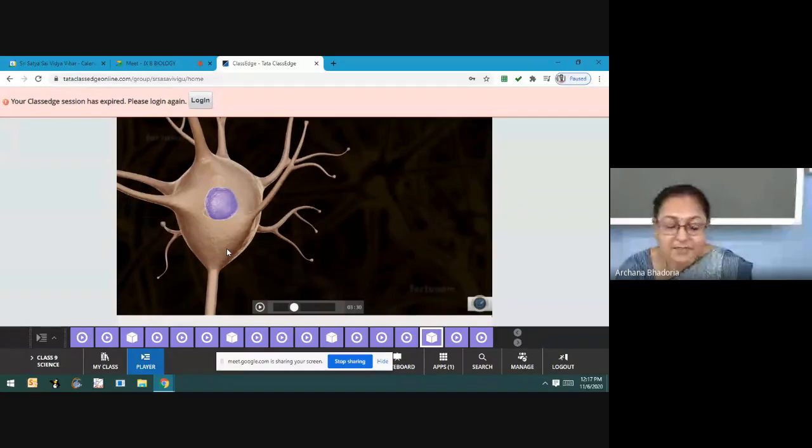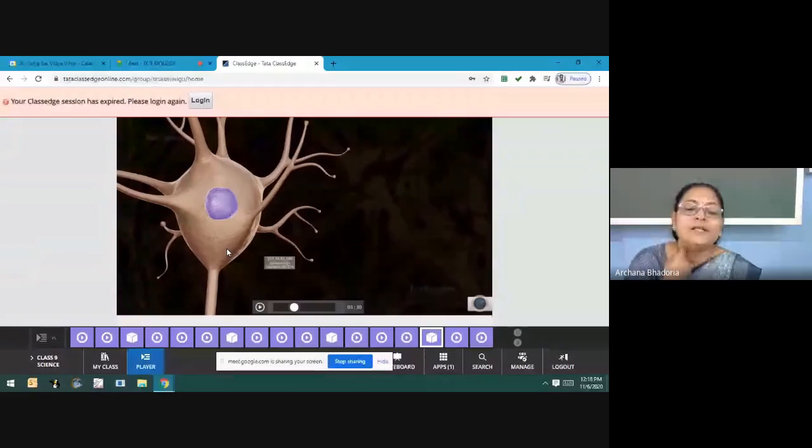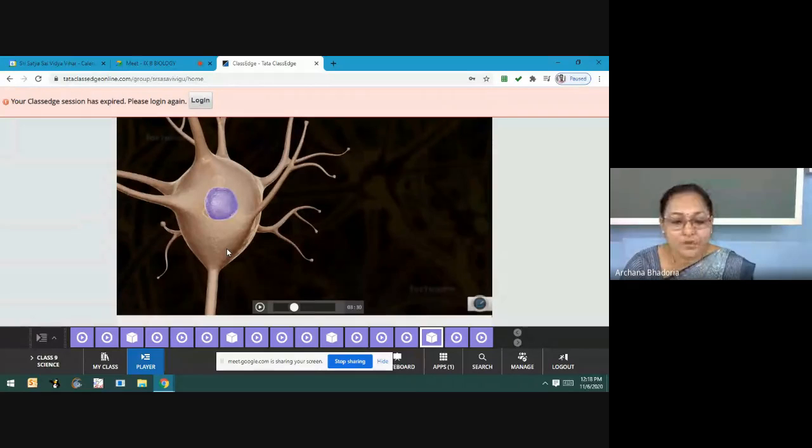So now dendrites, you have written the subheading dendrites. The second part, now write down: from the cell body arises many small cytoplasmic processes, in bracket you put branches, called dendrites or dendrons.